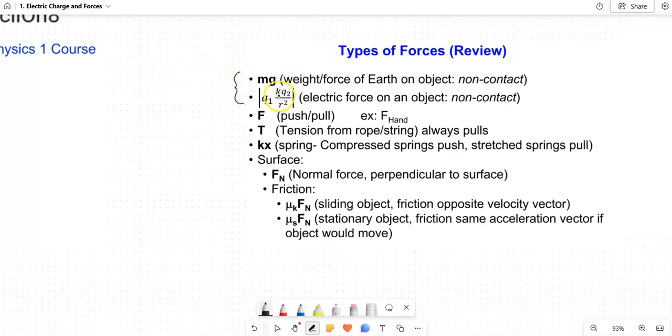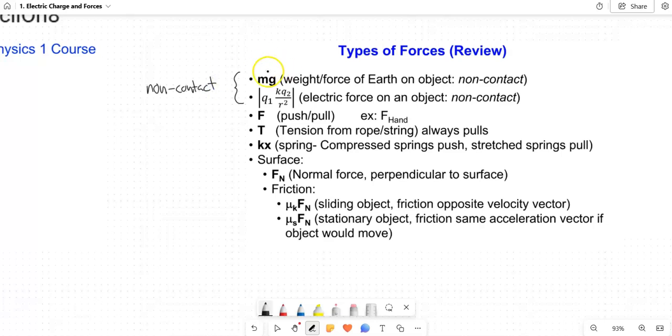The first one is the weight of the earth, that is your weight, the earth pulling down on you. Non-contact meaning the object doesn't have to physically touch you in order to create a force on you. All other forces are contact forces.